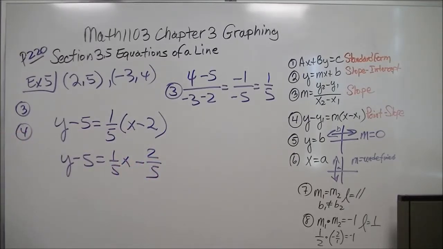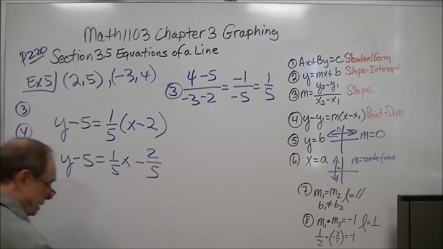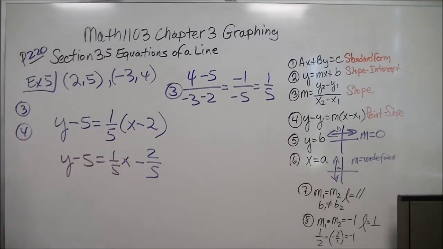And now, a good technique, whether you're going to solve for y in slope-intercept form or standard form, is to, at this stage, get rid of the fractions. We get rid of the fractions from chapter 2 by multiplying every term by its common denominator, which is 5.